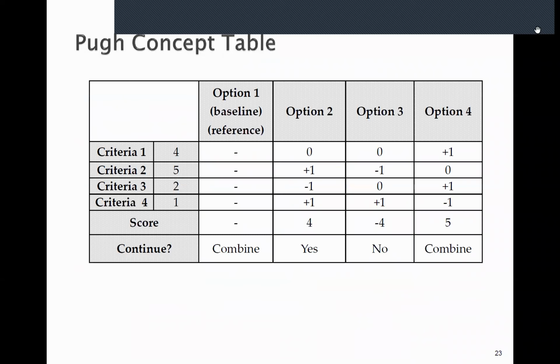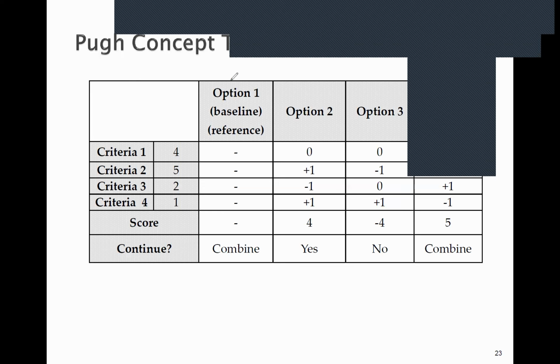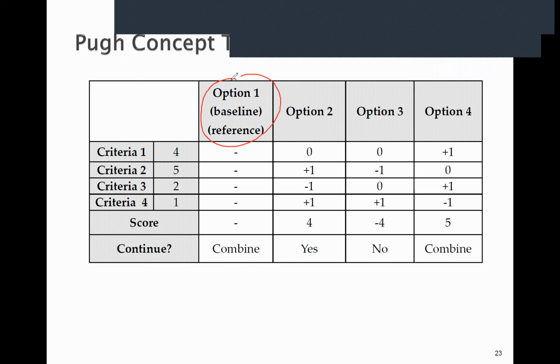So here you can see a concept table. Option 1 here is the baseline, that's the reference, and options 2, 3, and 4. Here we have the criteria, we have the weights here, and then we simply compare this one and this one.